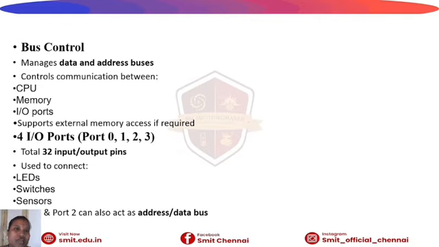And then 4 input-output ports means port 0, port 1, port 2, port 3. Total 32 input-output pins in the 8051 microcontroller. It's used to connect LEDs, switches, sensors, and then port 0 and port 2 can also act as an address and data bus.